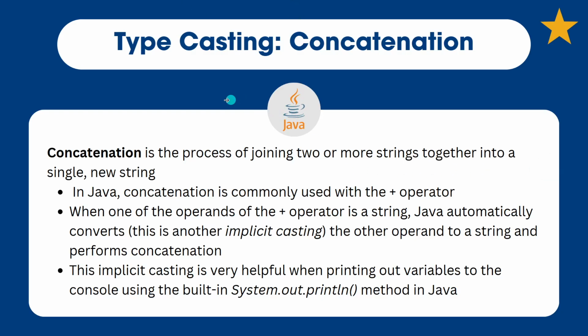So a really common example of implicit casting is concatenation. It's the process of joining two or more strings together into a single new string. In Java, concatenation is commonly used with the plus operator. So if you want to combine different strings together, or even strings and numbers, little clue there, it's going to be implicit, then you use the plus operator.